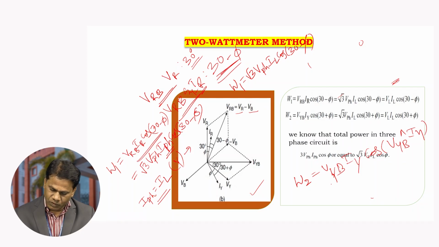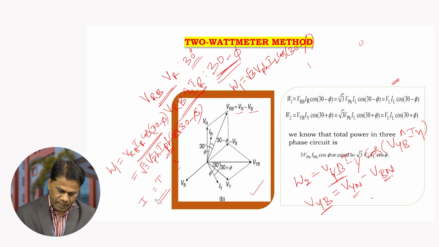So we need VYB. VYB we can write as VYN minus VBN. These are the phase voltages. The difference of these two phase voltages is nothing but the line voltage VYB.